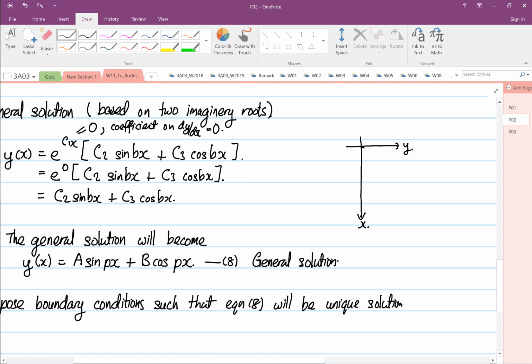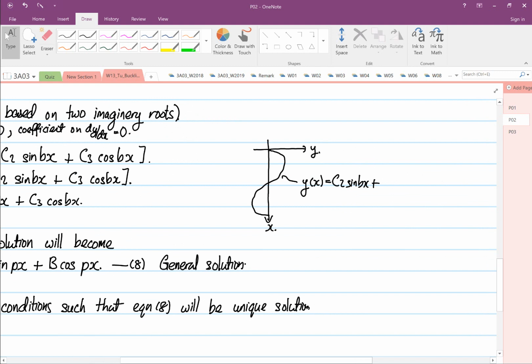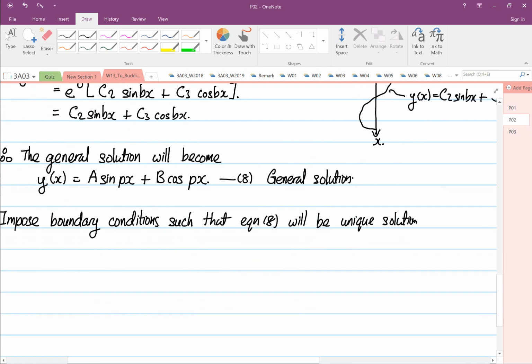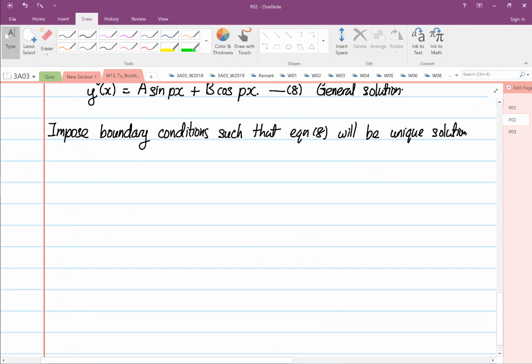We know we're going to see a graph like this. This can be y as a function of x equal to c2 sin bx plus c3 cos bx.